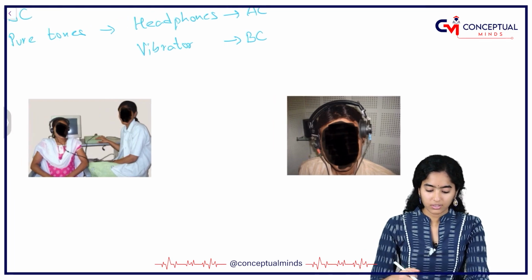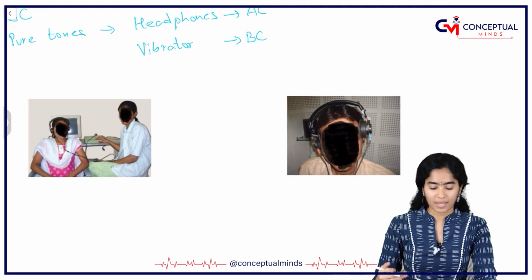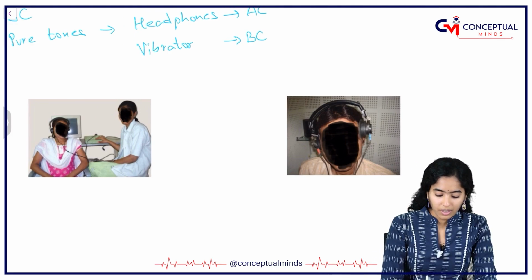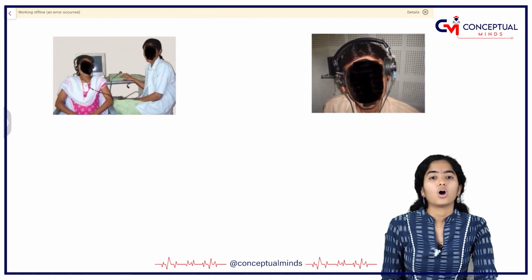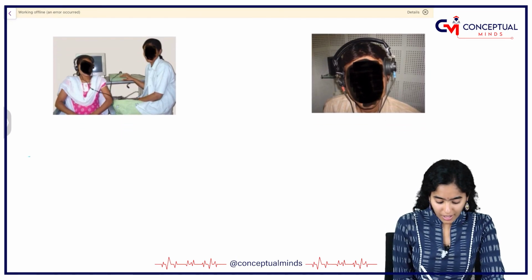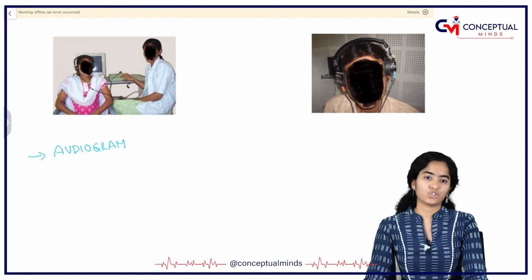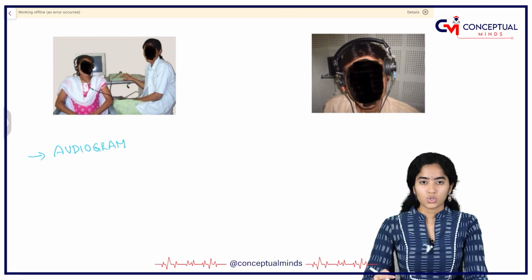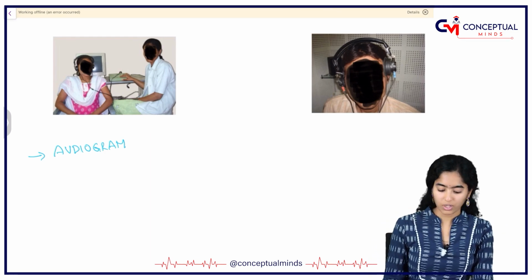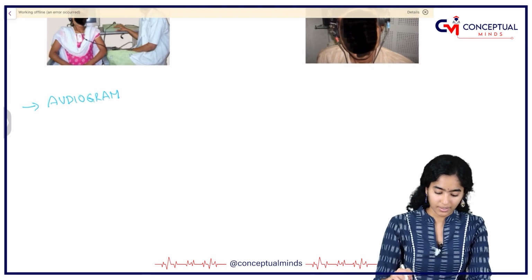And after this procedure, what we do as an examiner is we chart all these on a graph paper called an audiogram. As I told earlier, it is a graphical representation of the patient's hearing. So let me show you how an audiogram looks like.